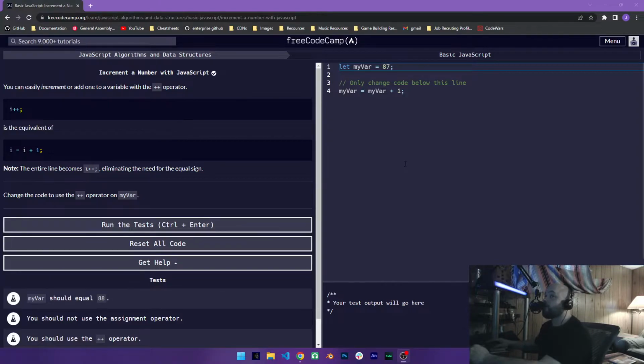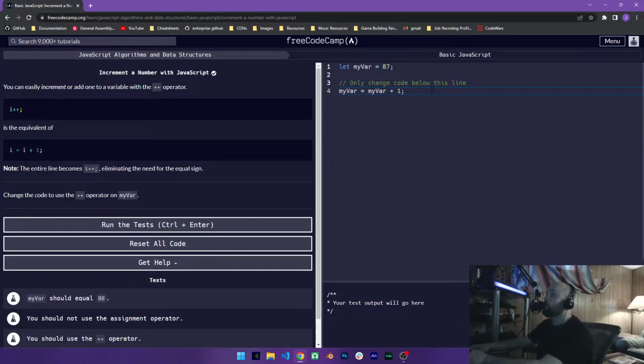So today we're going to continue off with where I left off yesterday, which is incrementing a number with JavaScript. Typically, if you create a number like this, a variable containing a value of a number, you can make the number iterate by 1 by doing this, but that's actually more code than we need.